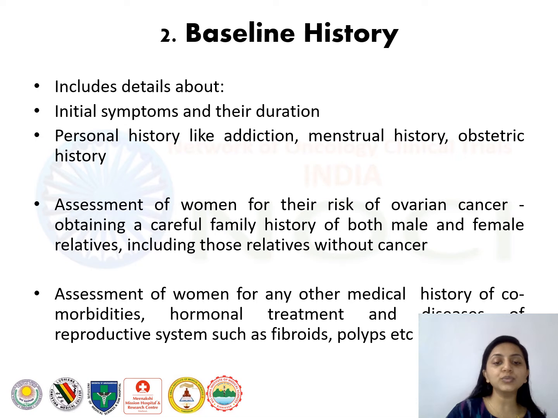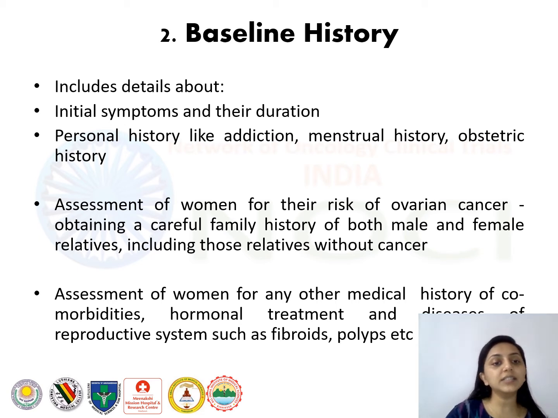Also, we need to know any other medical history of comorbidities like hypertension, diabetes, or asthma, and if the patient was on any hormonal treatment, because all these can increase the risk of ovarian cancer and other diseases of the reproductive system, which includes fibroids and polyps, which are not malignant but can cause similar symptoms in a patient.